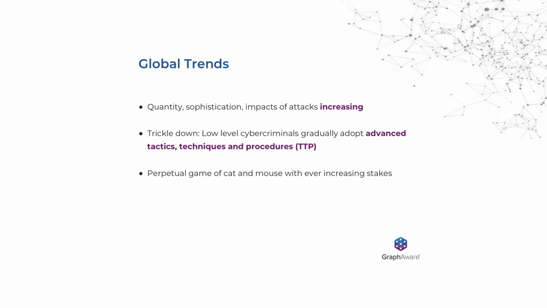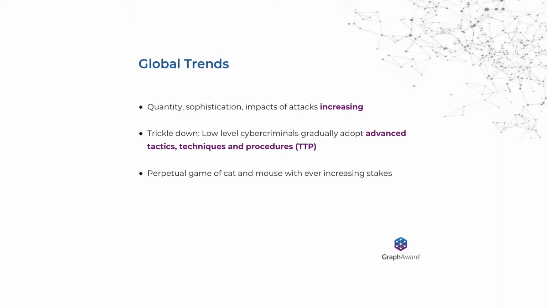So speaking broadly, there are some global trends that we're seeing within cybersecurity, and unfortunately the state of cybersecurity seems to be trending downward. What we're seeing is that the frequency and sophistication of the attacks are increasing. We're also seeing a trickle-down effect where even the lowest level of cyber criminals are gradually adopting the advanced tactics, techniques, and procedures of more sophisticated groups.